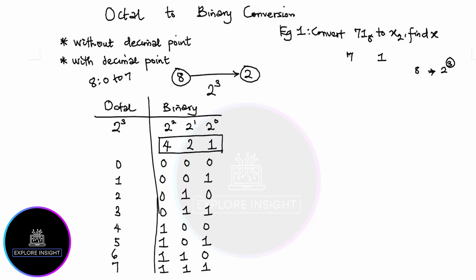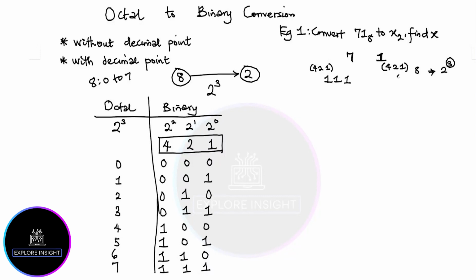So we are going to check what 7 will be in this case. If I'm to convert it, 7 will be 4, 2, 1. I'm going to turn everything on, which is 1, 1, 1. However, if we are to consider 1, I will check it out for 4, 2, 1.